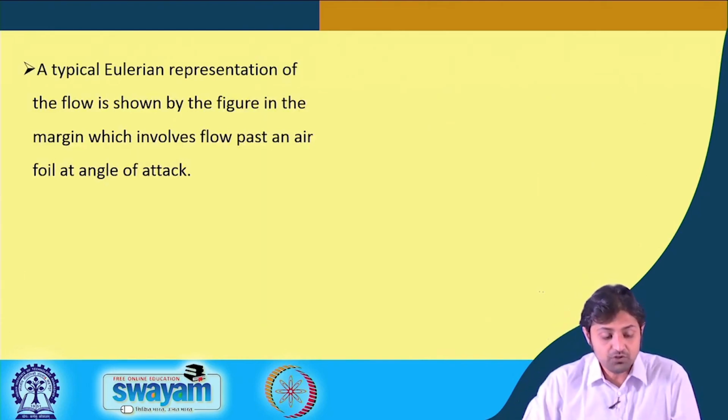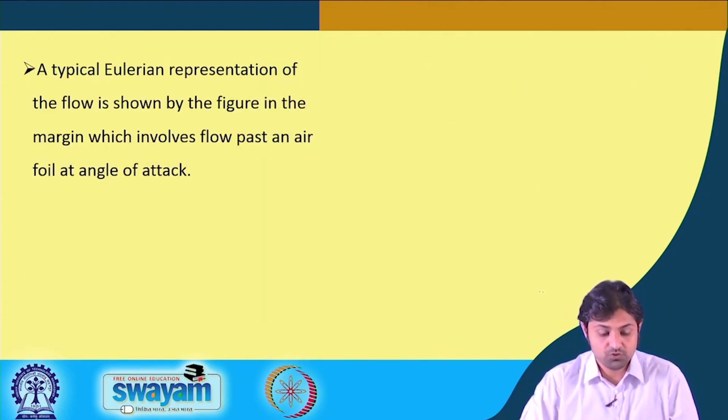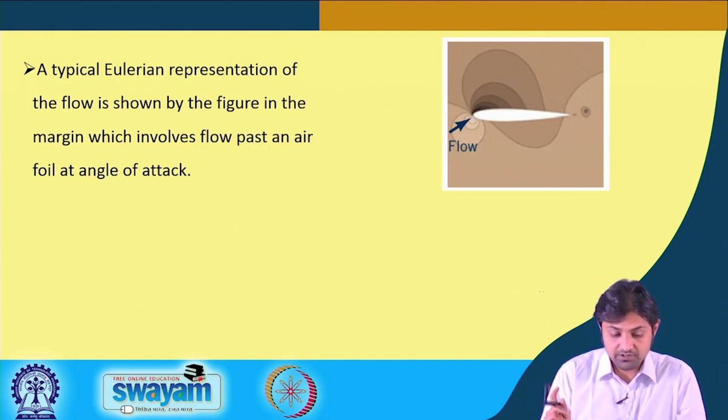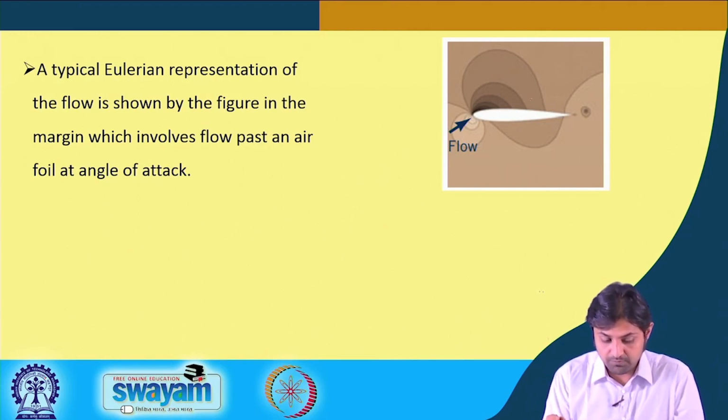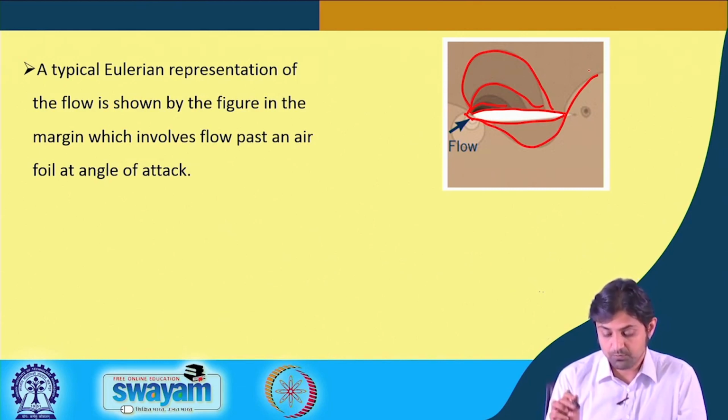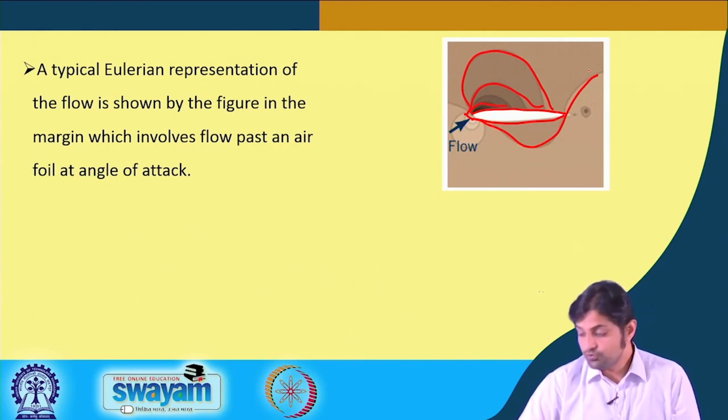Good. So, a typical Eulerian representation of the flow is shown by this figure, which involves the flow past an airfoil at an angle of attack. This is just to show the Eulerian representation. You see, this is the foil, this is an object, and these are the flow properties or the contours that are there. So, the way we have described it, with an observer at a fixed point in space, this is Eulerian in nature.